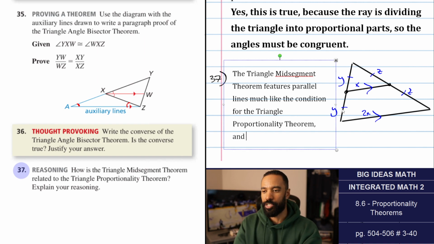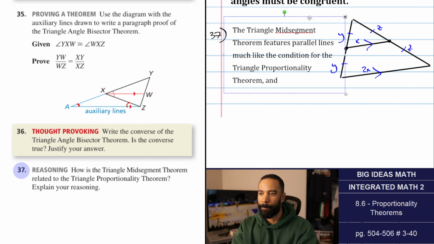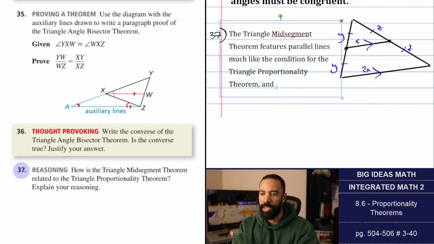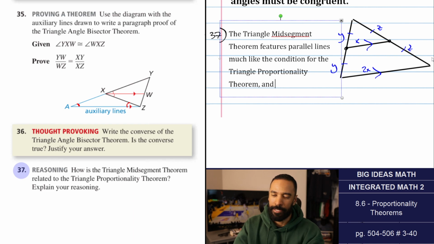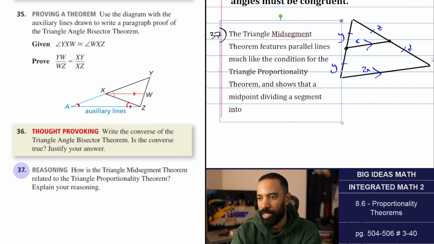And you really don't need to know the x over 2x part. That's not really a key to this. For the triangle proportionality theorem, it shows a midpoint dividing a segment into two congruent parts.